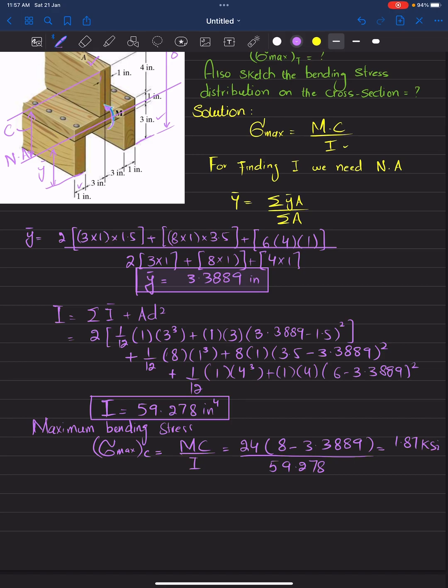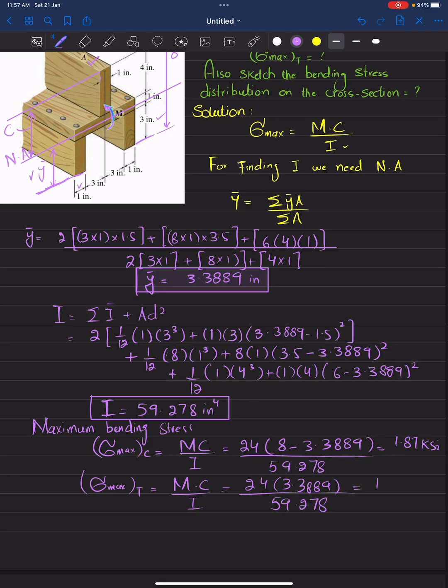ksi. Similarly, the maximum bending stress that creates tension in the below portion is equal to M into C divided by I. So M is 24. Now C, this distance from the neutral axis to the bottom, is equal to y dash, which is 3.3889, divided by 59.278.